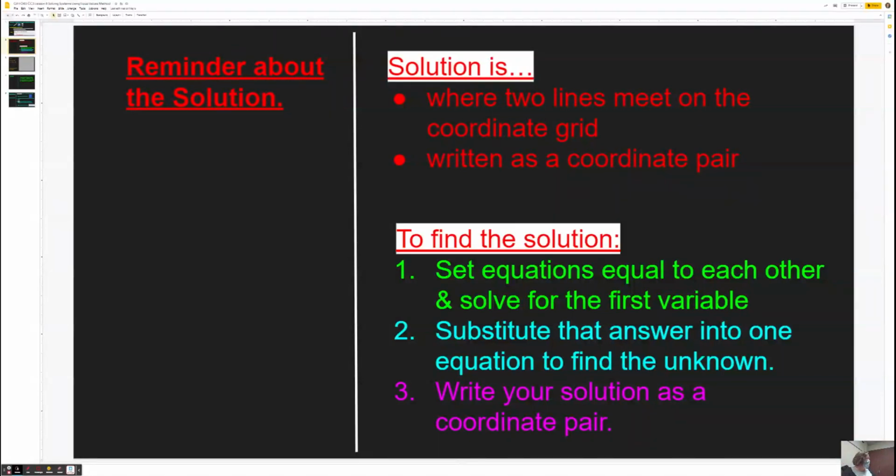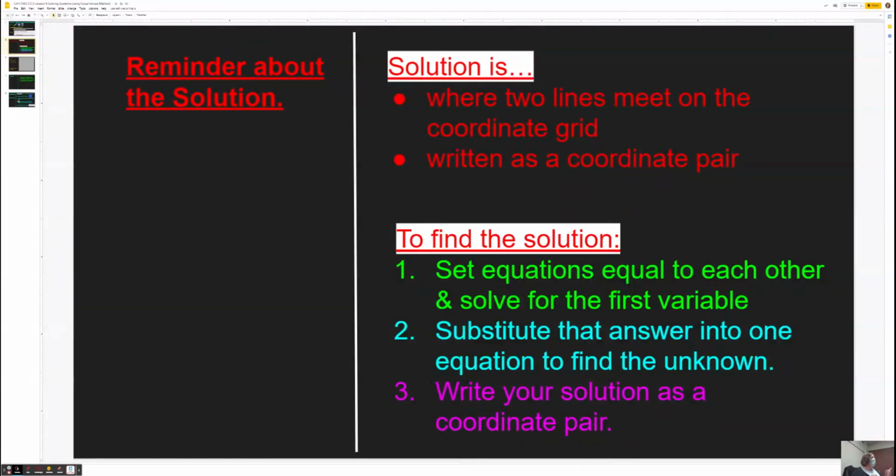All right, so a couple of reminders. Again, that solution is where those two lines meet, like we just talked about, and then we write that solution as a coordinate pair. If you have two variables in your equations other than x and y, you write your coordinate pair in alphabetical order. Now, to find that solution, you're going to set the two equations equal to each other.